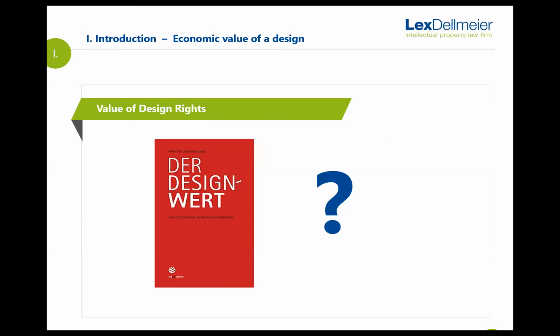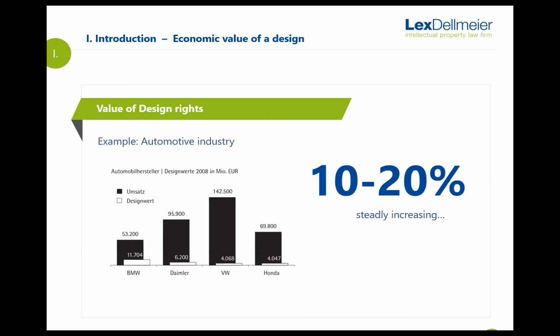So, what is the value of a design right? Very difficult question, not easy to answer because there are not a lot of studies around. So the answer in essence is, and we've taken a sample from the automobile industry. So here, from the automotive industry, you can see that the value of design rights for a company is approximately between 10 and 20% and is steadily increasing.